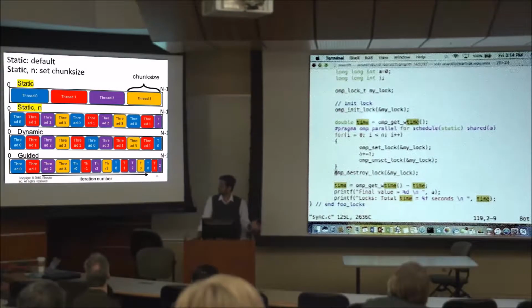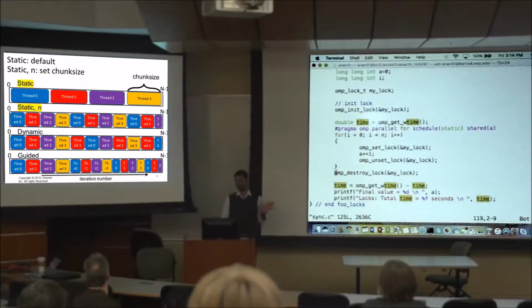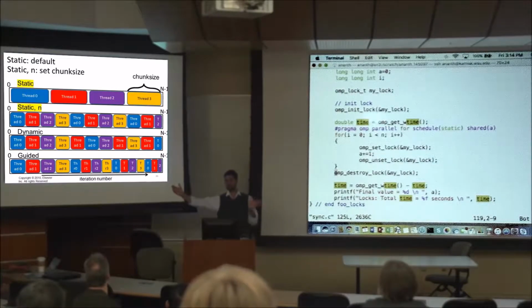Dynamic is, as the name indicates, dynamic. You still distribute in those chunks, but whichever thread finishes next will pick the next batch or chunk of iterations. These iterations are the work pipeline.